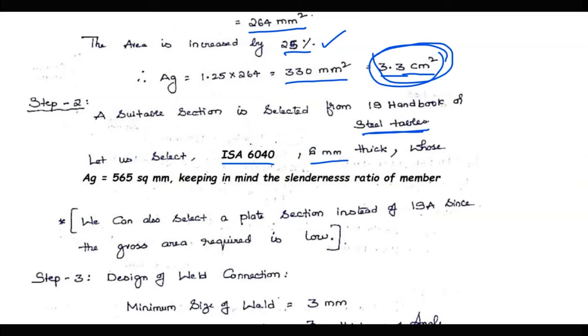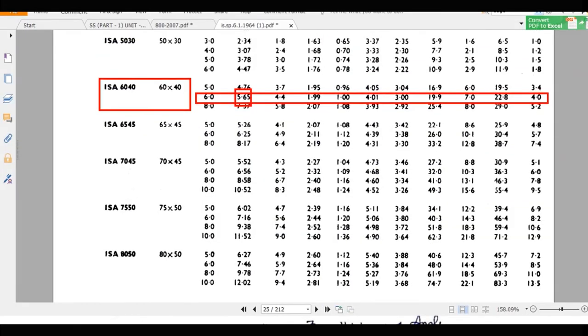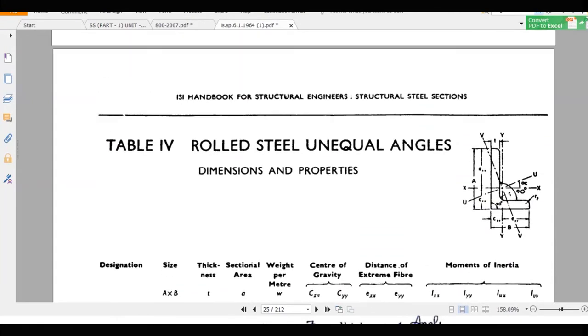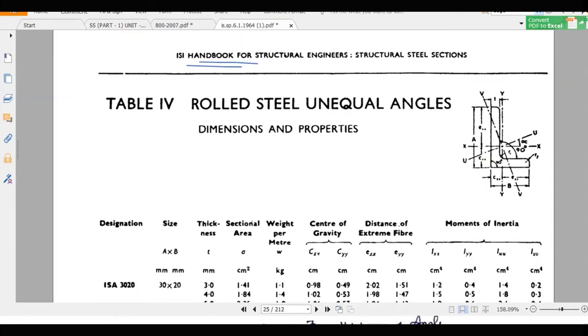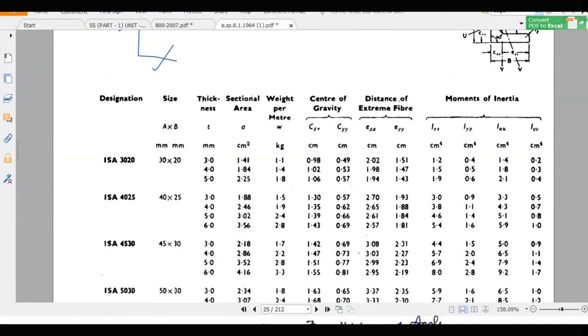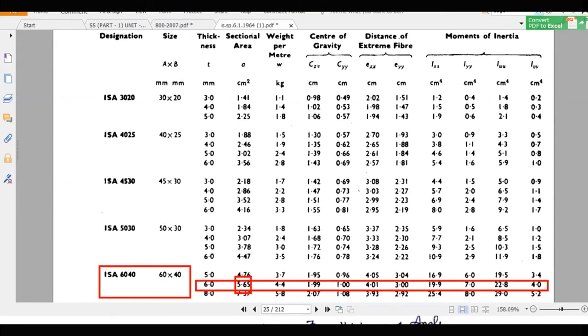This is the IS handbook, steel tables, and I am choosing an unequal angle section. That is, the legs are going to be different lengths, and the widths are not going to be the same. So I want to select an angle section of unequal legs which should have 3.3 centimeter square area.